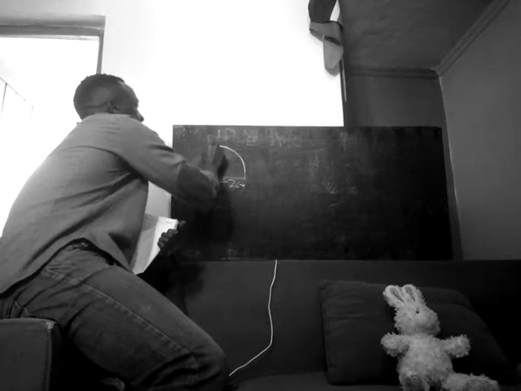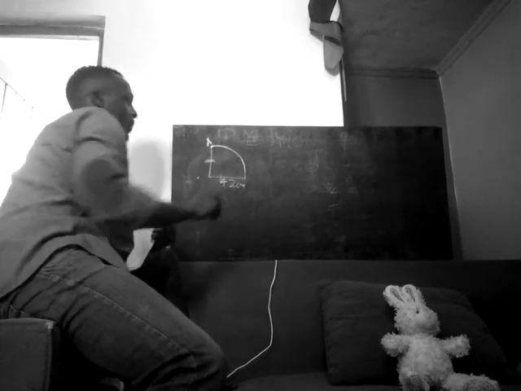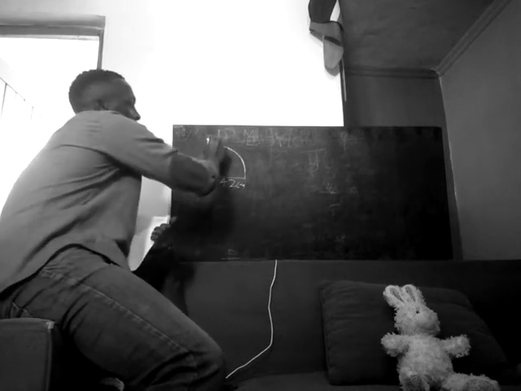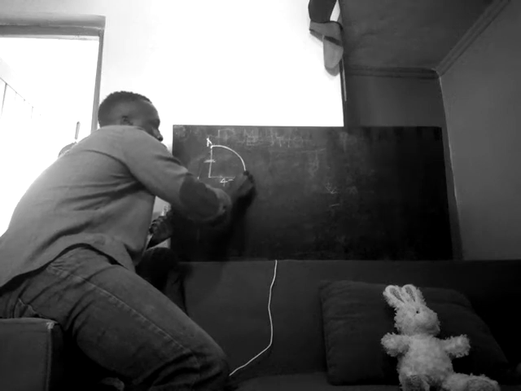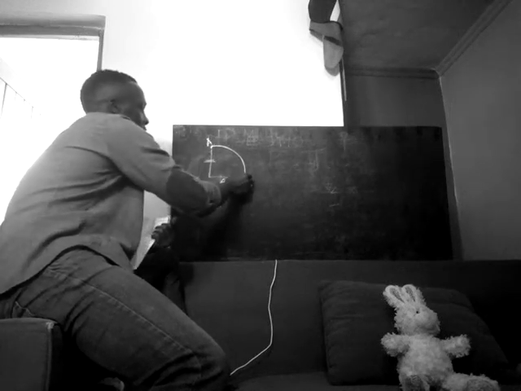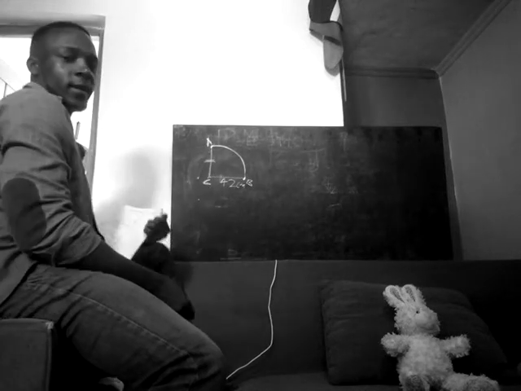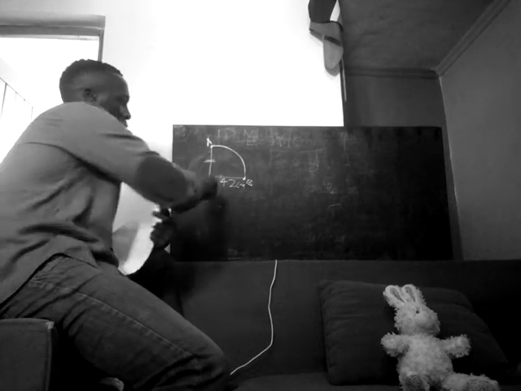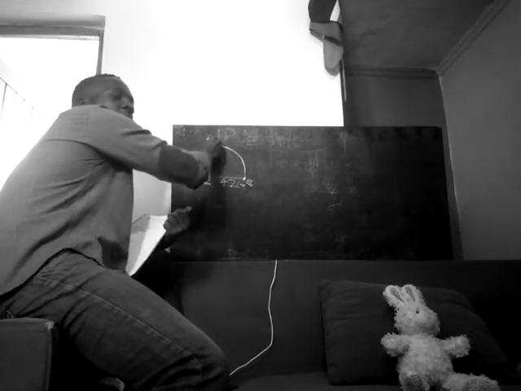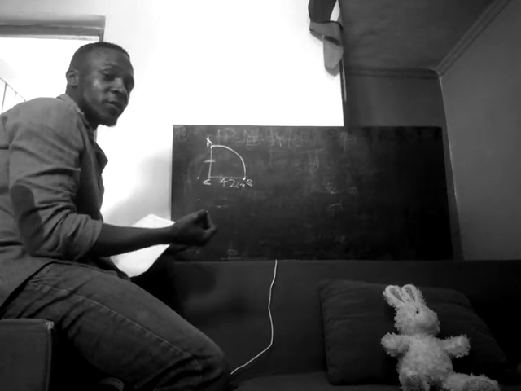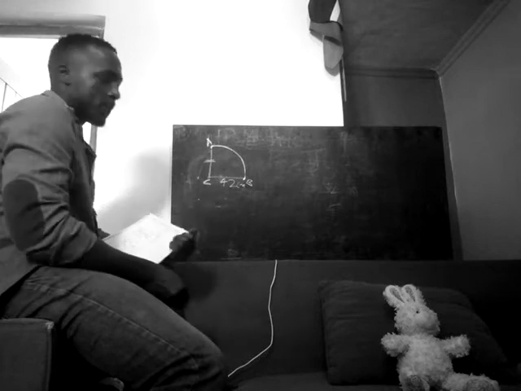So let us start from here. Let us assume this guy is running from point A up to point B. Then from point B, he goes to point C. And then from here, he moves back to point A. Because the real definition of perimeter is the distance all round the figure, okay?